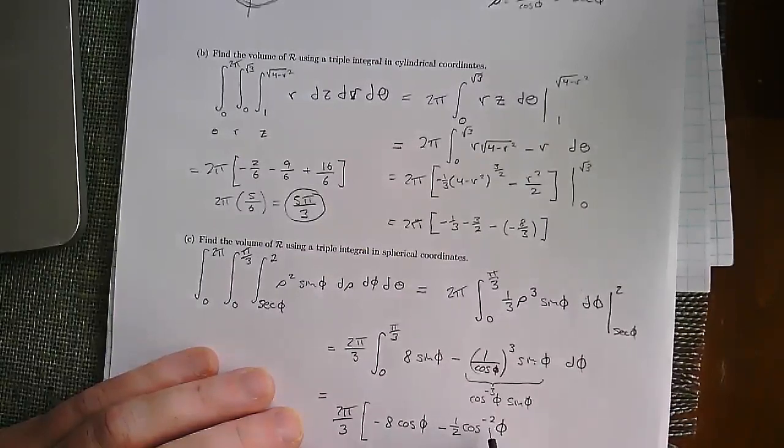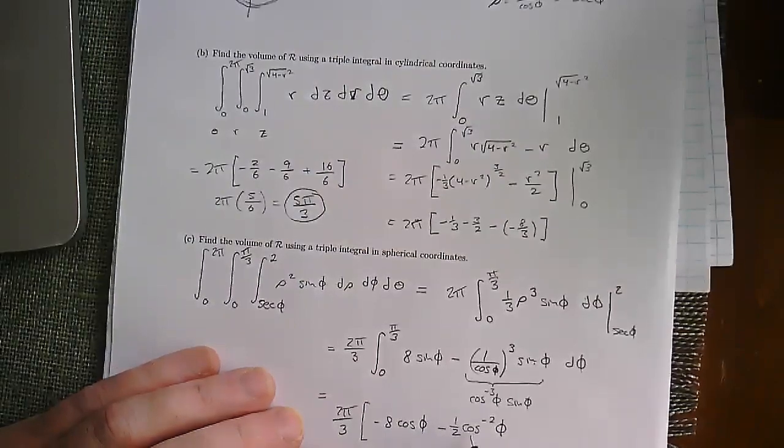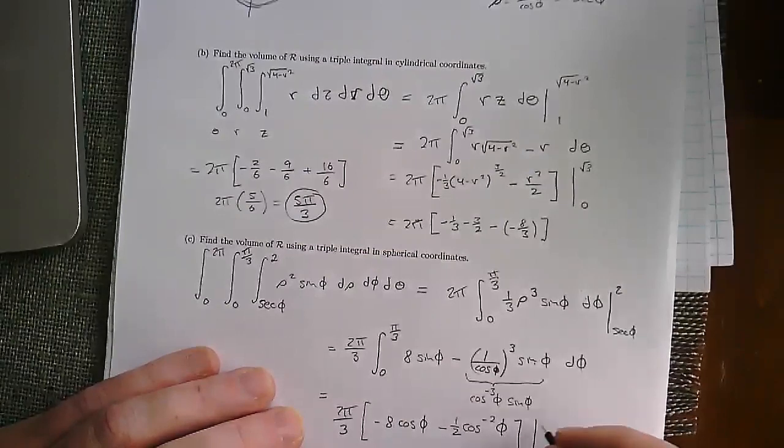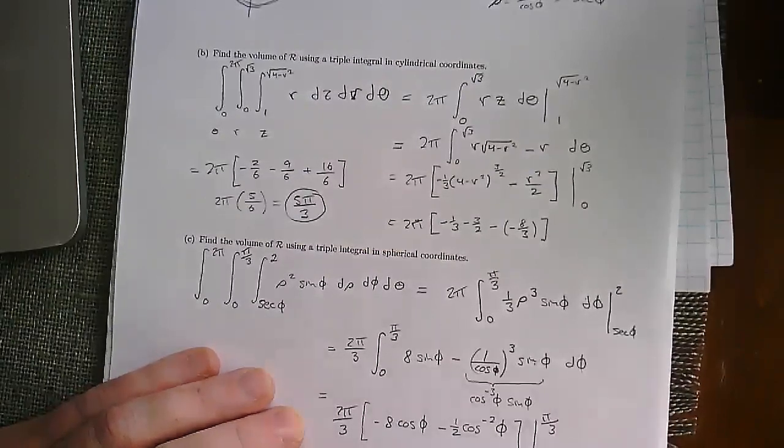And let's make sure that that gives us what we want then. So do we want that minus or plus? Okay, so if we take the derivative, we get a negative sign, then we get a -2, we have a -1/2. 3 negatives multiplied together gives us the negative sign that we want here. Okay, and then we're going to evaluate this at endpoints of 0 and pi over 3.